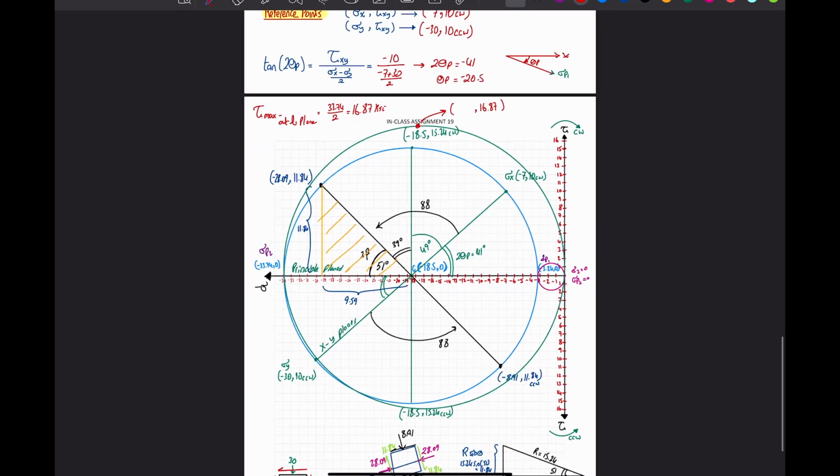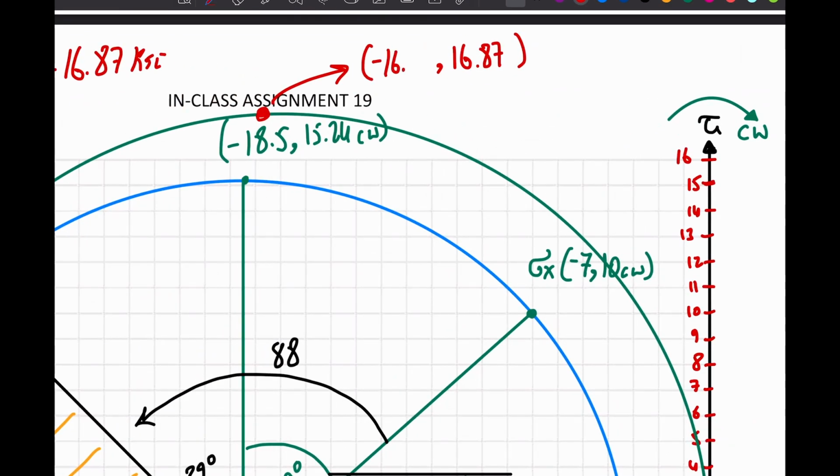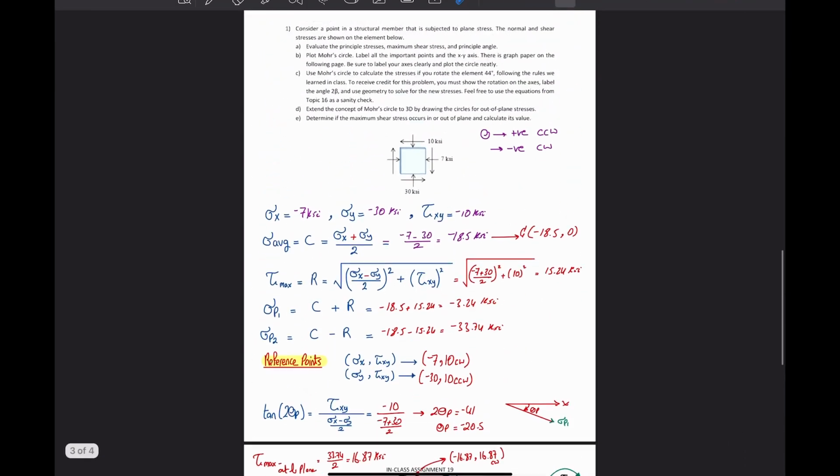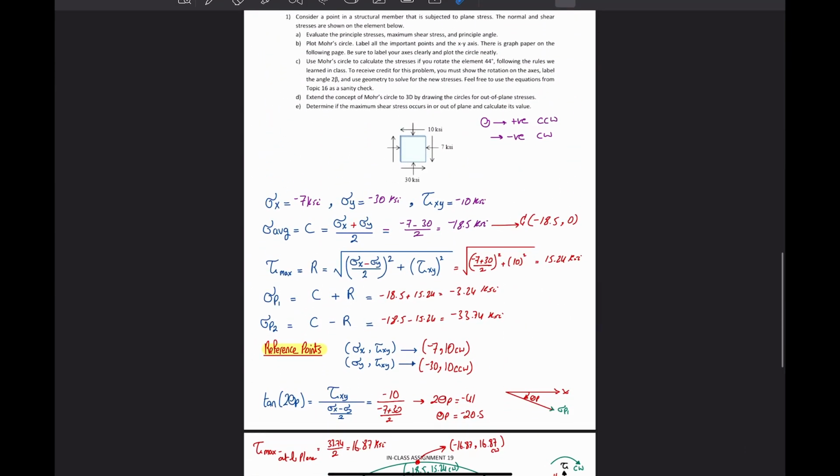And if I want to write the center, the center is also negative 16.87, because if the whole thing, from 0 to the end here, is the diameter, which is 33.74, the center is going to be 16.87. So I'm going to write negative 16.87, and this one here is clockwise.